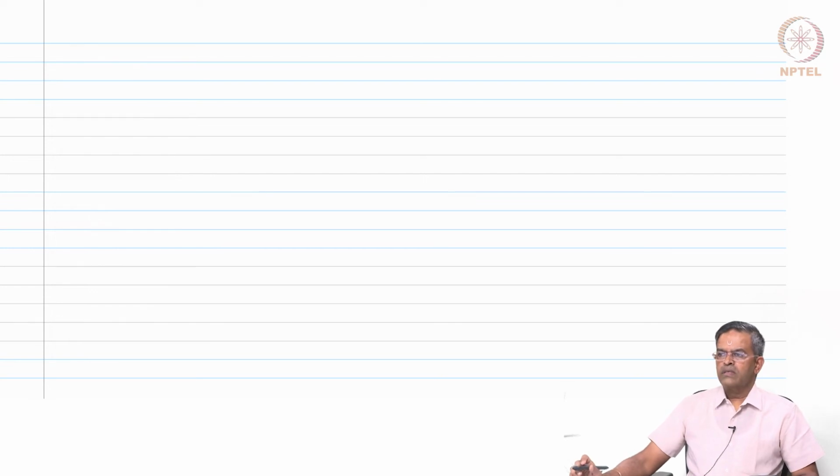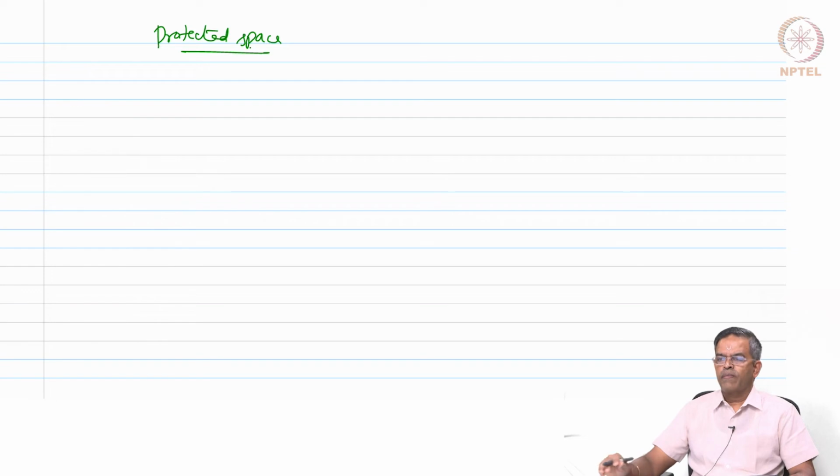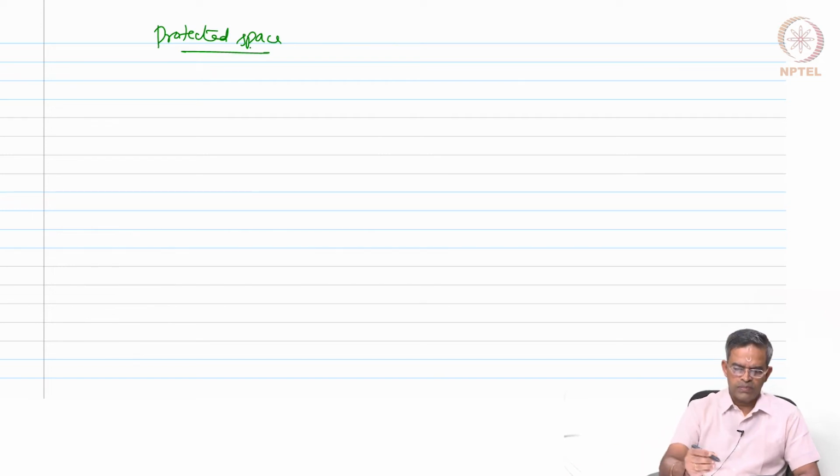In blast resistant design, we have a concept called protected space. Let us see what is that. What do we understand by protected space? Protected spaces are areas within the structure which are hardened to protect the occupants and equipments against the effect of external explosion.